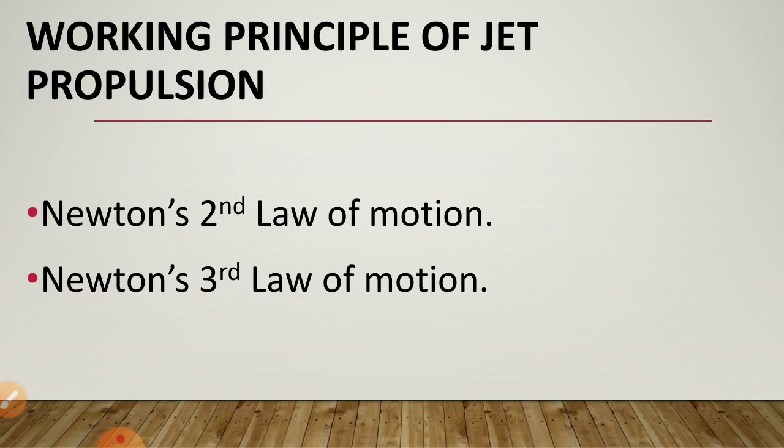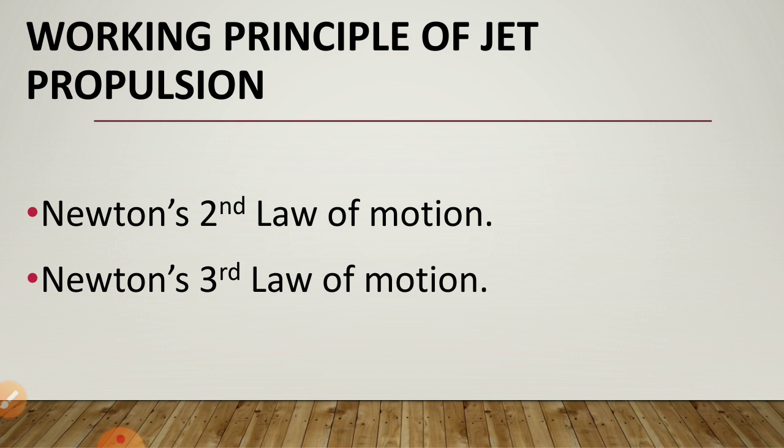First of all, we will understand the working principle of jet propulsion. As we know, the turbojet engine is an example of jet propulsion, and jet propulsion works on the principle of Newton's second law of motion and Newton's third law of motion. Newton's second law states that the rate of change of momentum in any direction is directly proportional to the force applied in that direction.